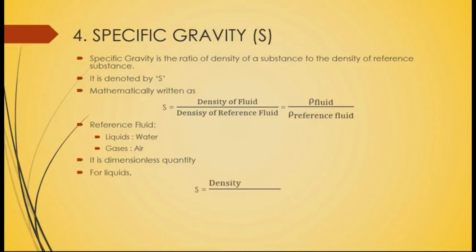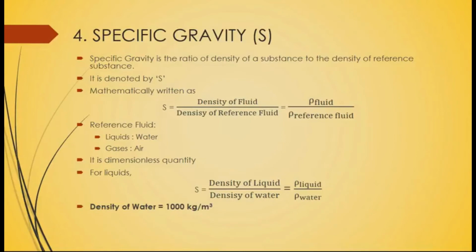So the specific gravity of liquids is the ratio of density of the liquid to the density of water, rho liquid by rho water. Density of water is 1000 kg per meter cube. I repeat it again, please remember.